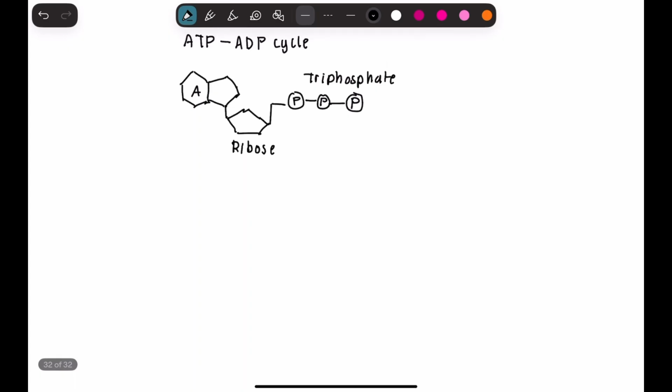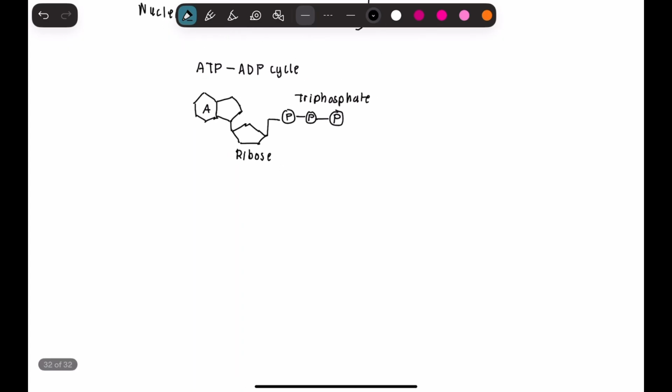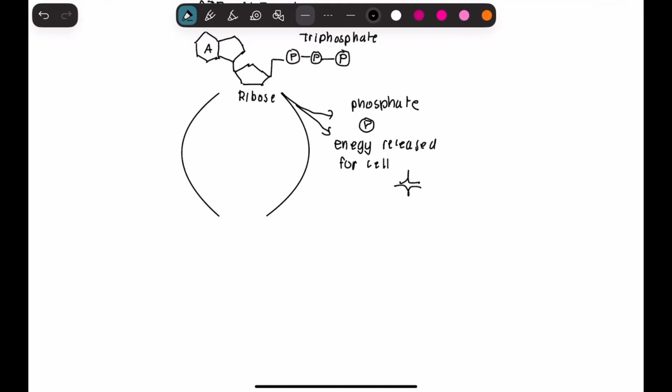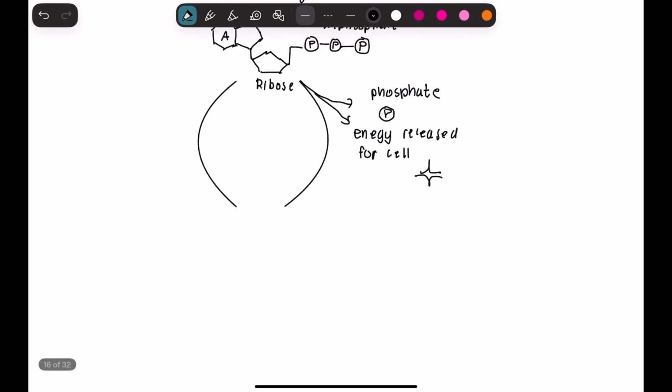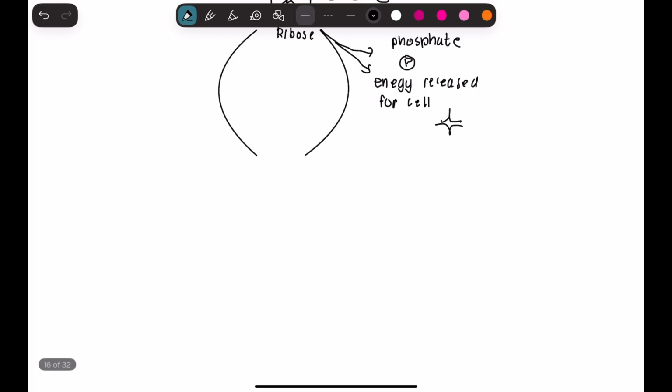And down here, basically what happens is, this is going to be a cycle. Then you have your phosphate that breaks off, and when you break off that phosphate, it releases energy for the cell.